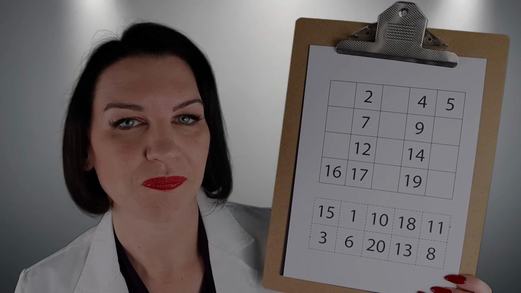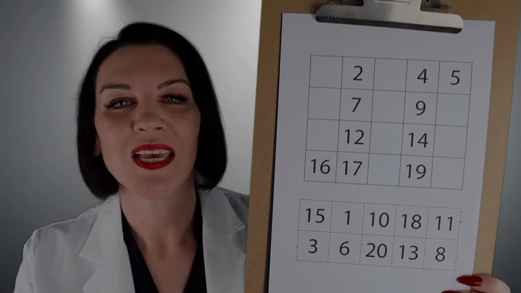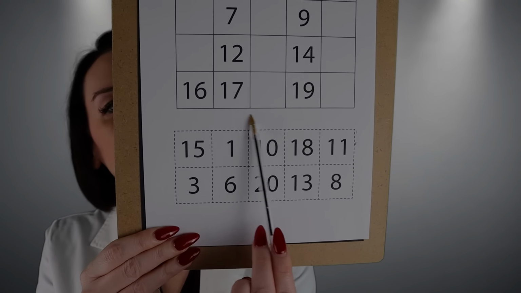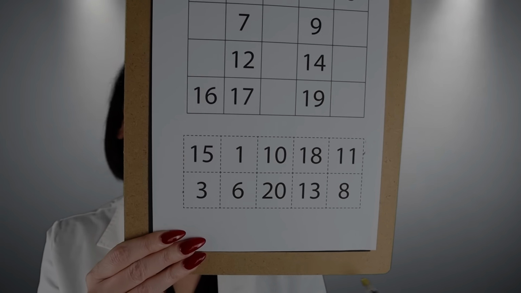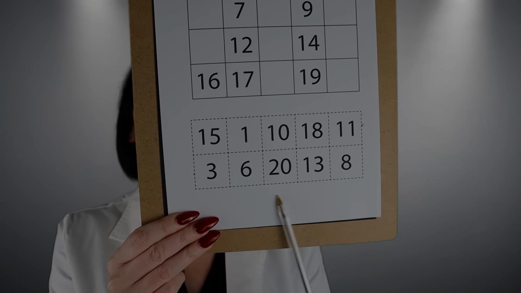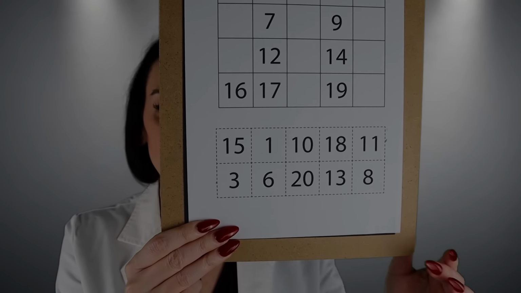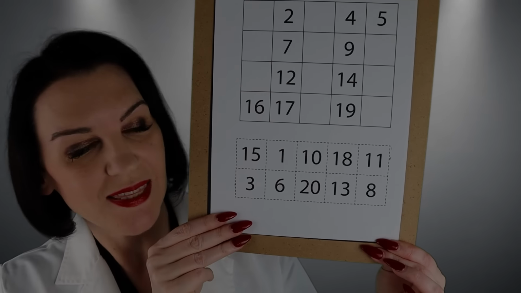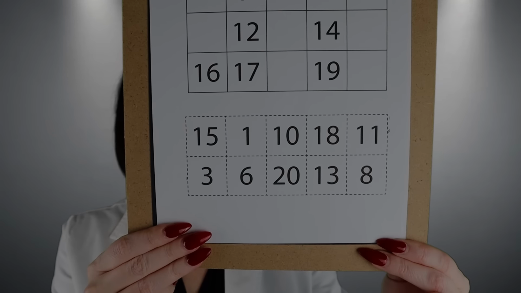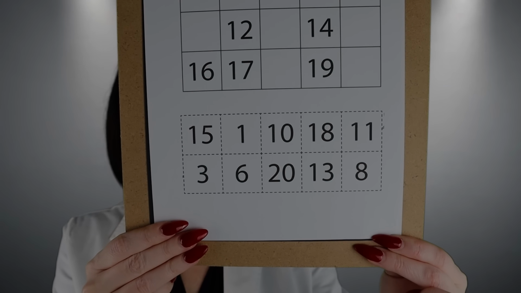Well done. Now, just quickly for me, take a look. These numbers here. This row, and then this row. All the numbers we used to fill in that grid. Can you see a pattern in there at all?